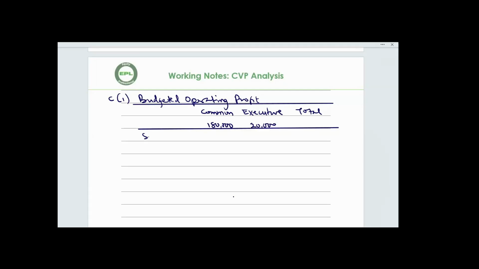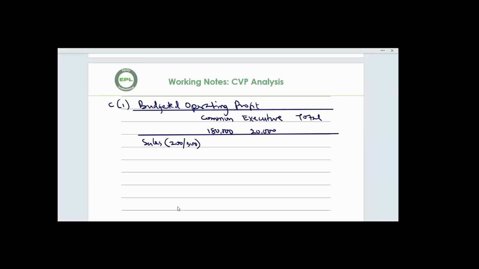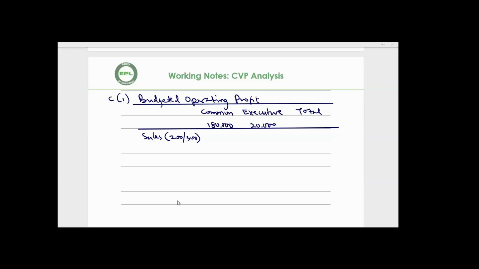So sales, selling price of common is 200. Executive is 300. Therefore, 180,000 multiplied by 200, 36 million.